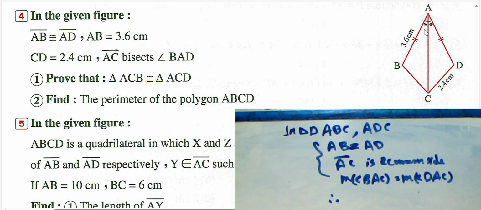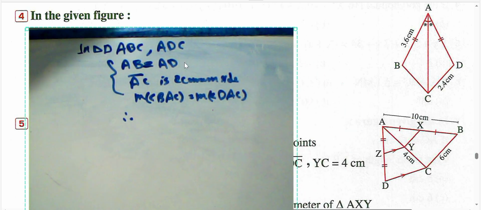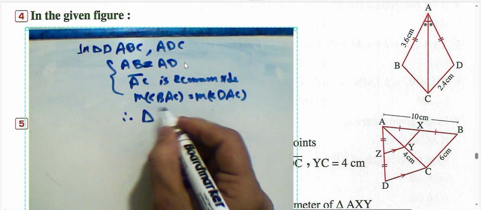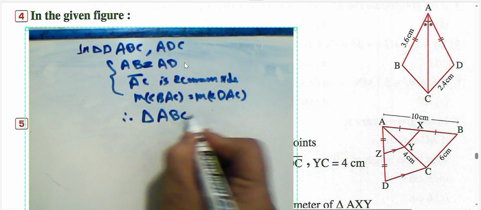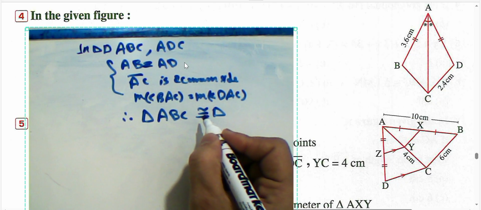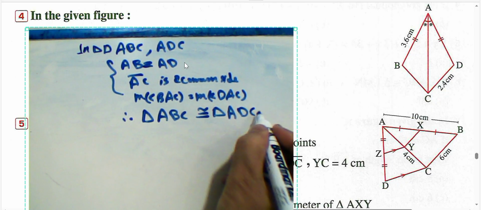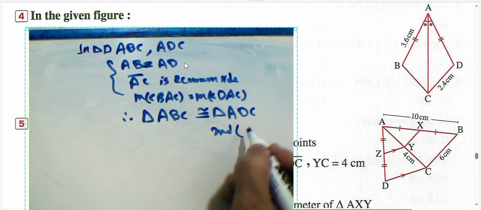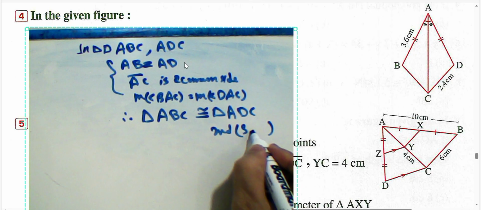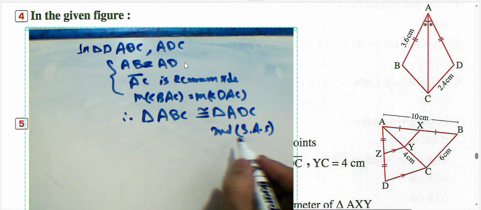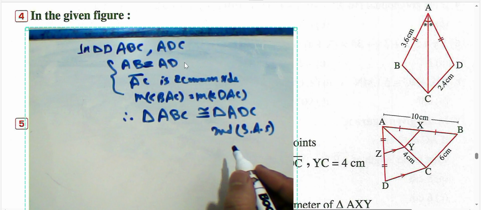Then the two triangles here will be congruent. Then triangle ABC is congruent to the other triangle ADC. It's the second condition: side angle side. Remember, side angle side. They are congruent.